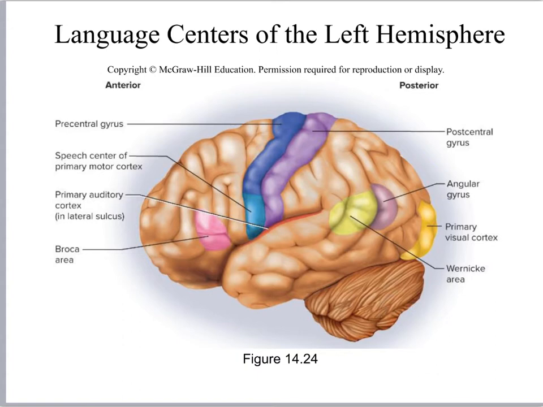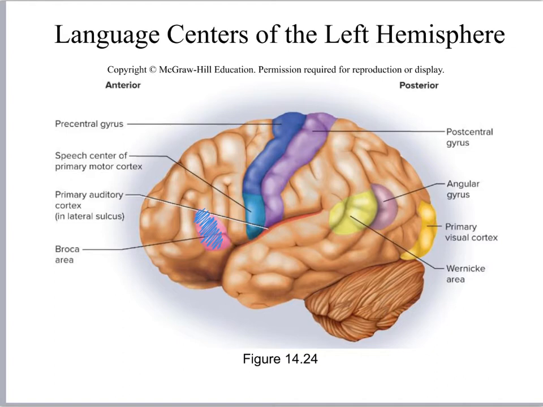All right, let's talk about those language association areas just a little bit more. I've already mentioned them in other discussions. The one we talked about in the last video was Broca's area right here. Remember with language, we're not only making sounds, we're also processing visual language, whether it's in writing or body language.